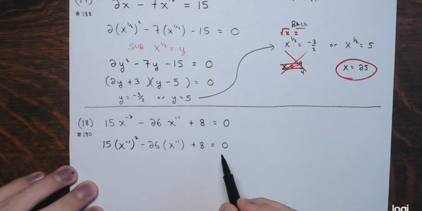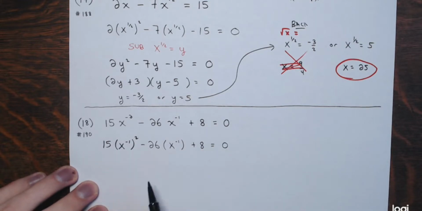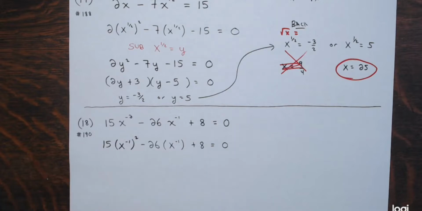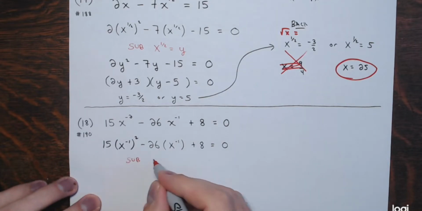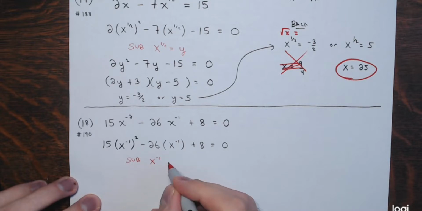So again, hopefully you can recognize the quadratic form. First term has some expression to the second. The next term has that same expression to the first, and then a constant, and then equals 0. Now I make a substitution for this expression. We're going to sub for x to the negative first.